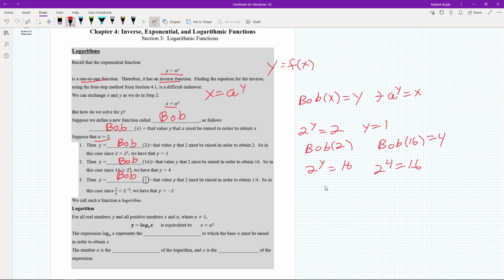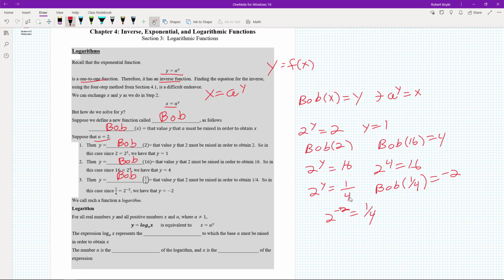In that case, we want the value of y that 2 must be raised to so that we get the answer of 1/4. And of course, y must be equal to -2, because 2 to the -2 power is 1/4. So that's the way that our function works.